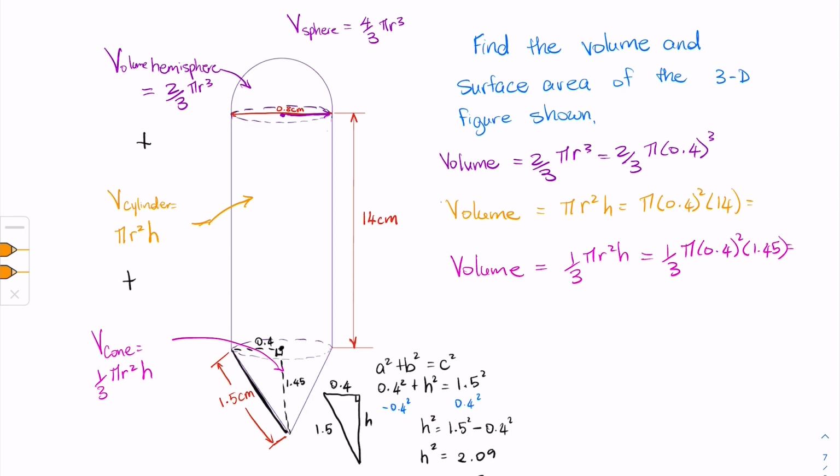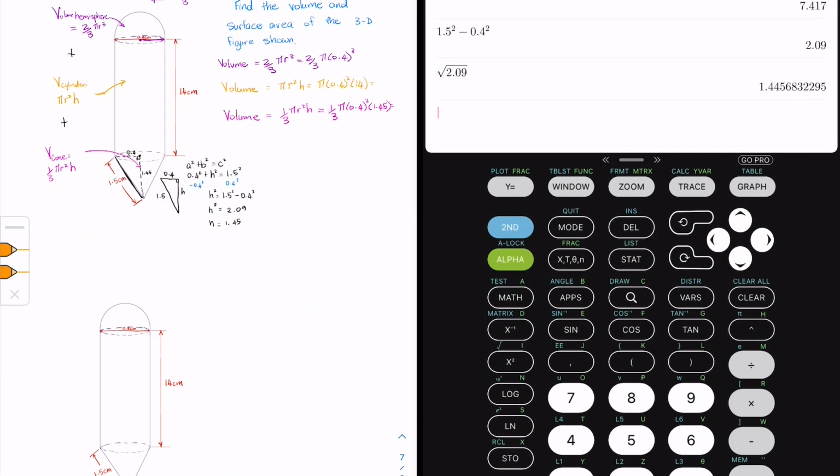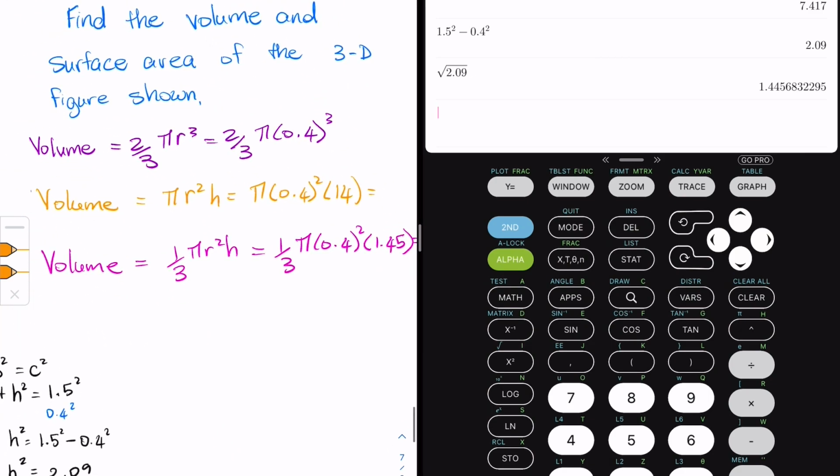And now we can calculate all the pieces. So let's do that together. And first the purple for the hemisphere. So we open up our parentheses to put our fraction in. So we have 2 divided by 3.